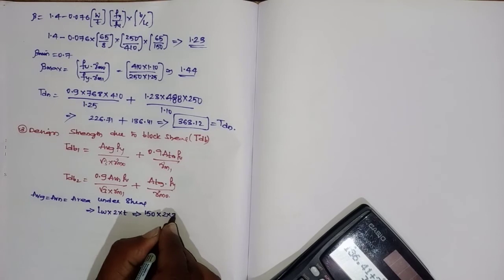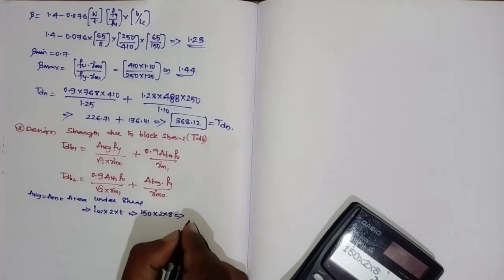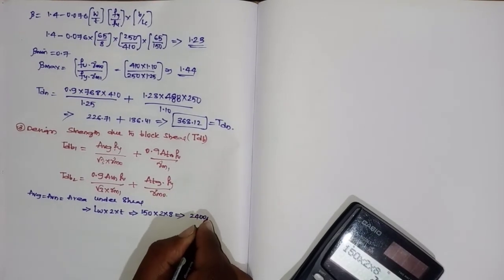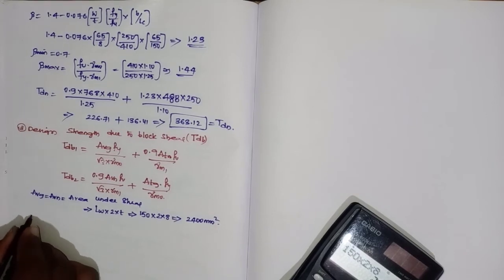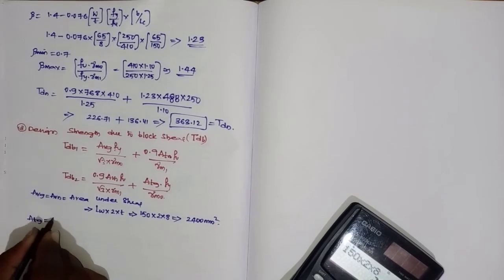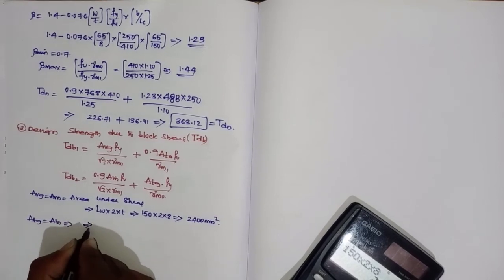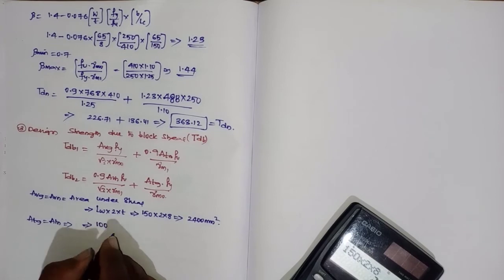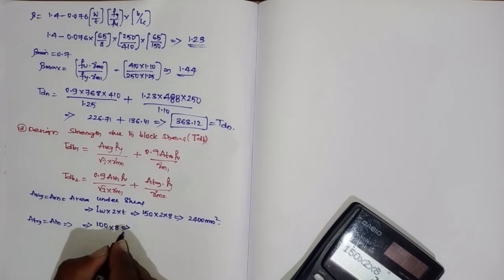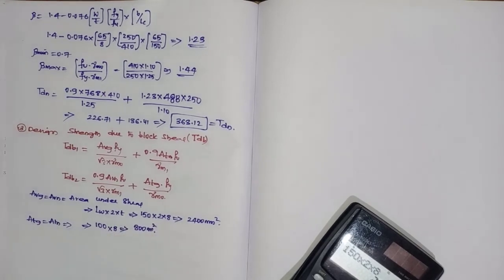150 into 2 into 8. Okay, so 150 into 2 into 8, how much are you getting? So 2400 mm square. Next, area under tension: how much? Length of connected leg is 100, okay, into its thickness, how much is it? 800 mm square.